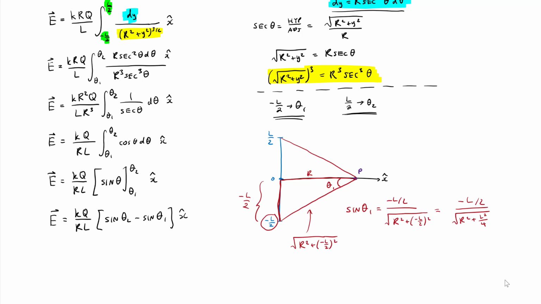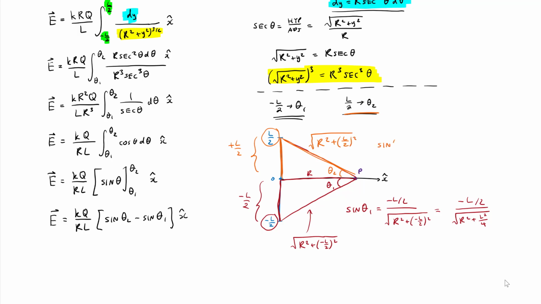What if I want to take a look at the boundary for L over 2? So we'll consider this orange. That means I have theta 2 here, and this length is positive L over 2, and I have this being the square root of r squared plus positive L over 2 squared.